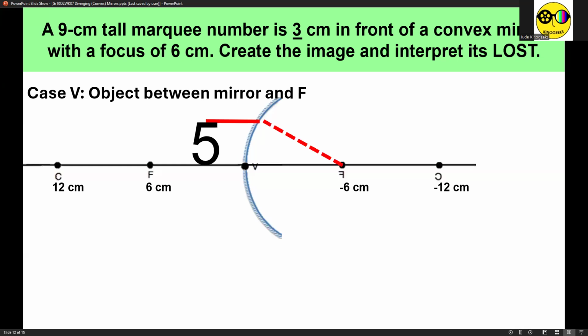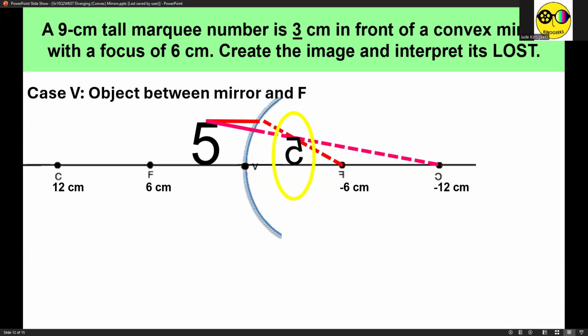By performing the ray diagram, once again, for the fifth and final time, the point of intersection of two imaginary light rays or two broken lines is on the right side of the mirror at the top of the optical axis. Therefore, you have an upright and laterally reversed version of number 5.